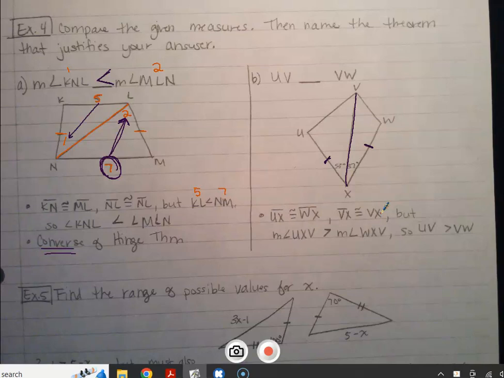But we know angle UXV, that 58-degree angle, is greater than the measure of angle WXV, which is 37 degrees. So we know UV is bigger, right? UV is across from this angle. This angle is bigger, so UV is bigger.